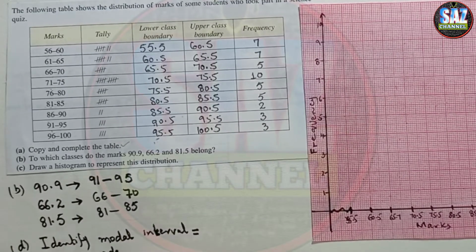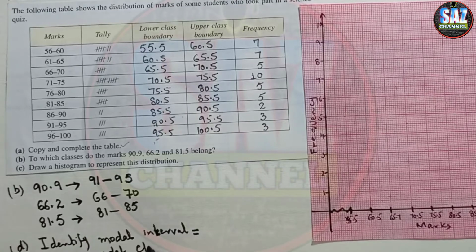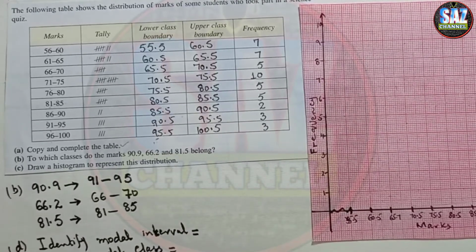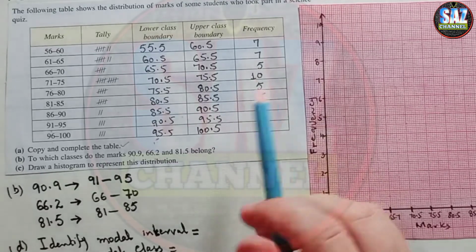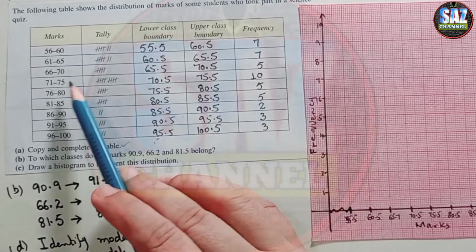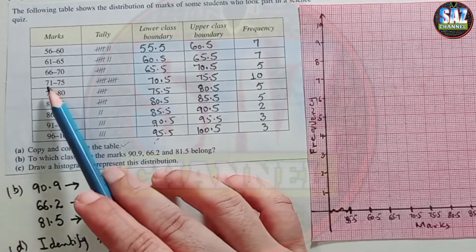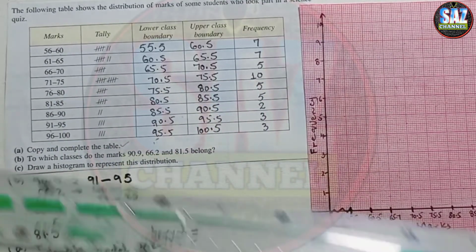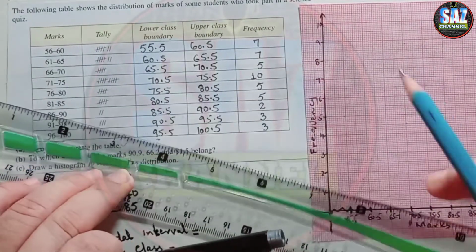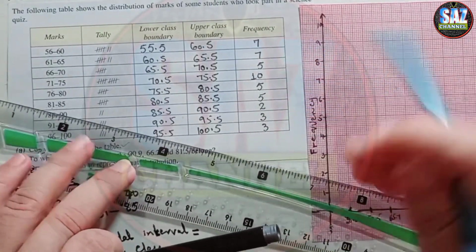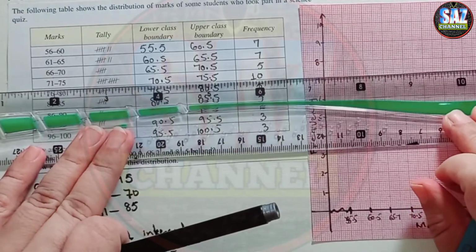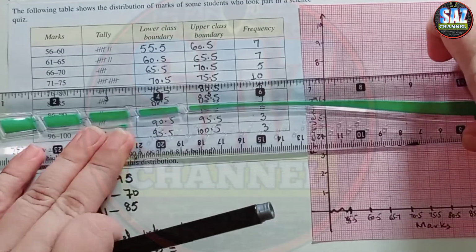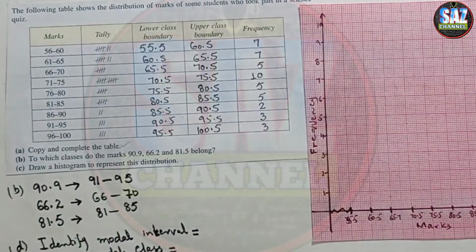So the modal interval or modal class. These are the two different terms that the examiner can use. The modal class will be equal to the interval for which the frequency 10 is coming. That is 71 to 75. We first locate the highest frequency, which is 10, and the class in front of that is 71 to 75.